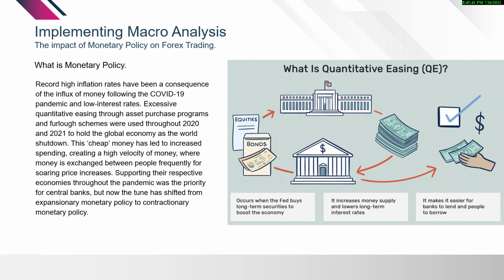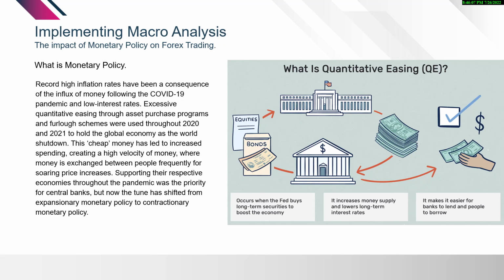So excessive quantitative easing through asset purchase programs and similar schemes were used throughout 2020 and 2021. These are something like what we have here in South Africa, our 350 Rand grant, whereby people would get free money at the end of every month during the COVID. And I'm sure by now people are still getting that COVID relief, right?